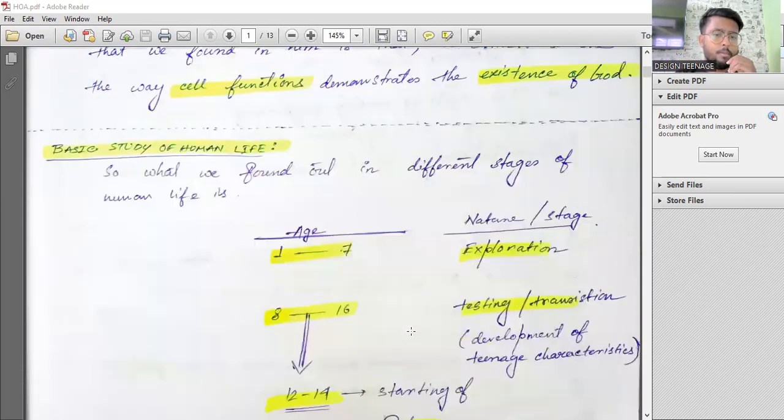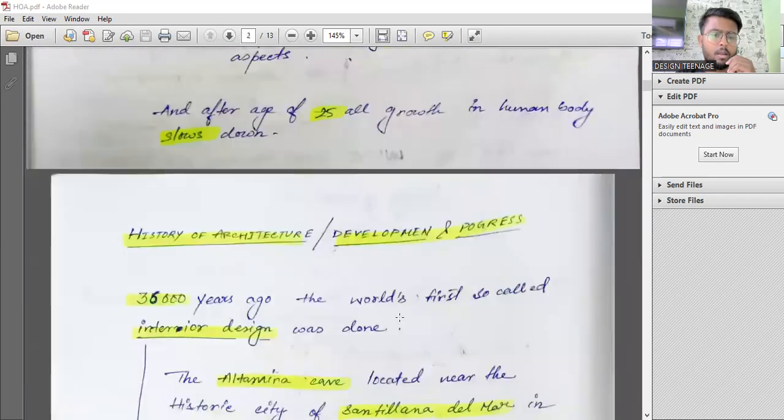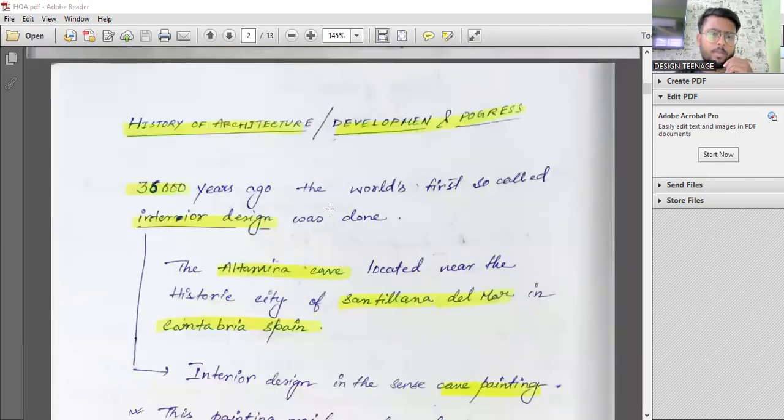So we will move on, keeping all these things behind. History of architecture, development, and progress. The very first thing we need to understand when we talk about architecture or any structural build is that every structure has some sort of design, decoration, or whatever you call it inside.